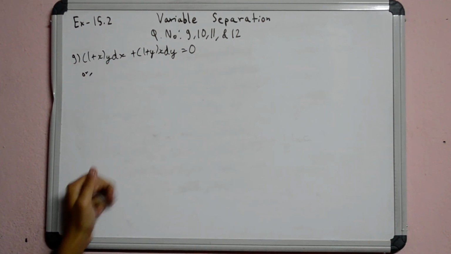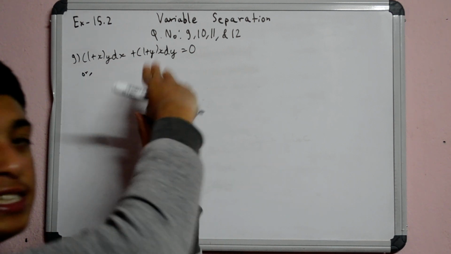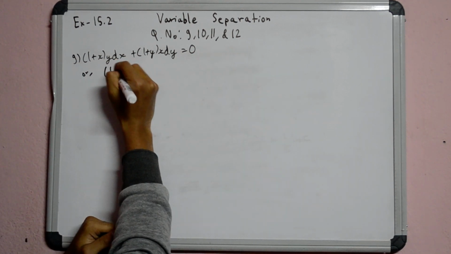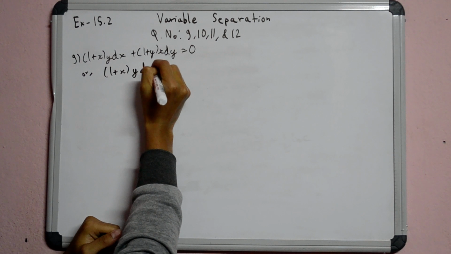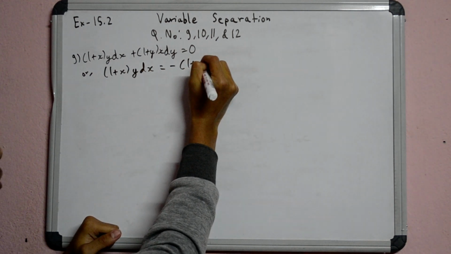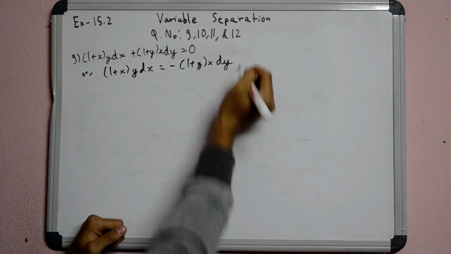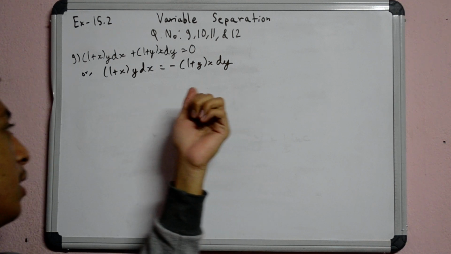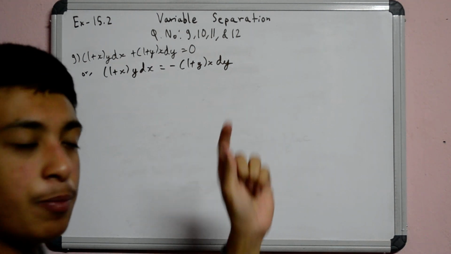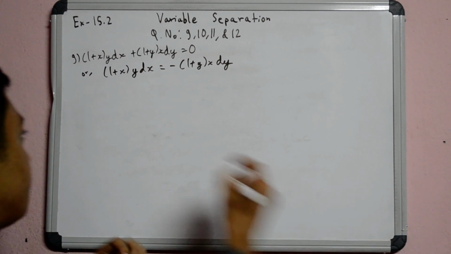So what I like to do in this case is I like to separate dx and dy. So this becomes dx equals minus 1 plus y by x dy, and now in the next step let's simply separate the x's and y's.